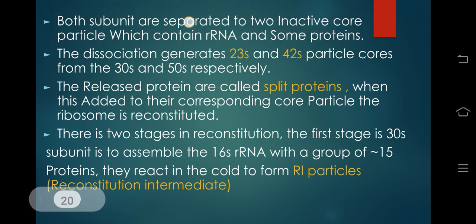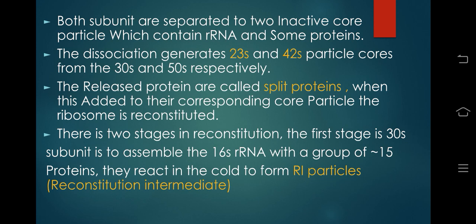Both subunits are separated into 2 inactive core particles which contain rRNA and some protein. The dissociation generates 23S and 42S protein cores from the 30S and 50S respectively. The released proteins are called split proteins. When these are added to their corresponding core particle, the ribosome is reconstituted.